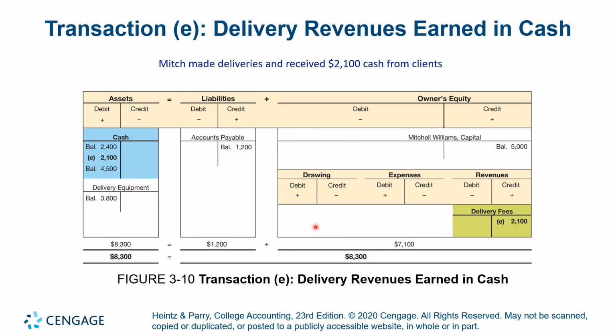And then we know that the money he receives is revenue. So under revenue, I have a new T chart of delivery fees, and that is going to credit or increase on the right side. Remember, it's on the right side of the equation here, and that increases by $2,100.